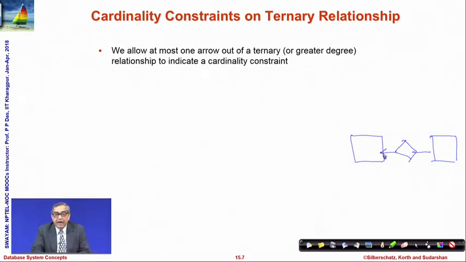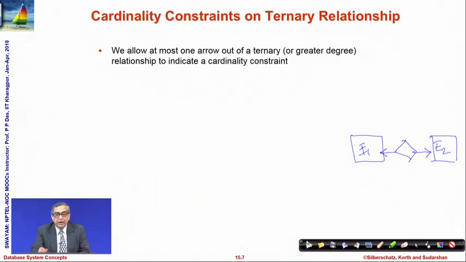But if we have an arrow on one side, then it means the arrow side is 1. So, from entity set E 1 to E 2, this is one to many. We could have arrows at both ends, and that means 1 to 1.